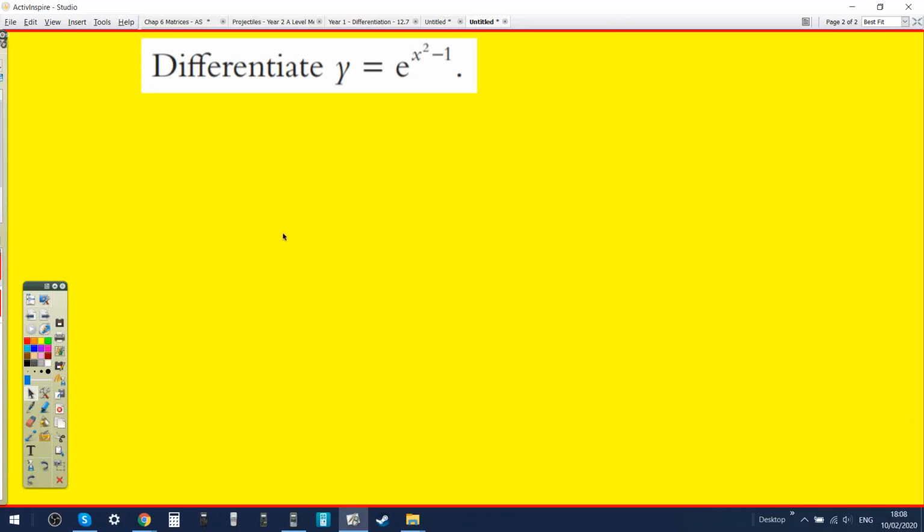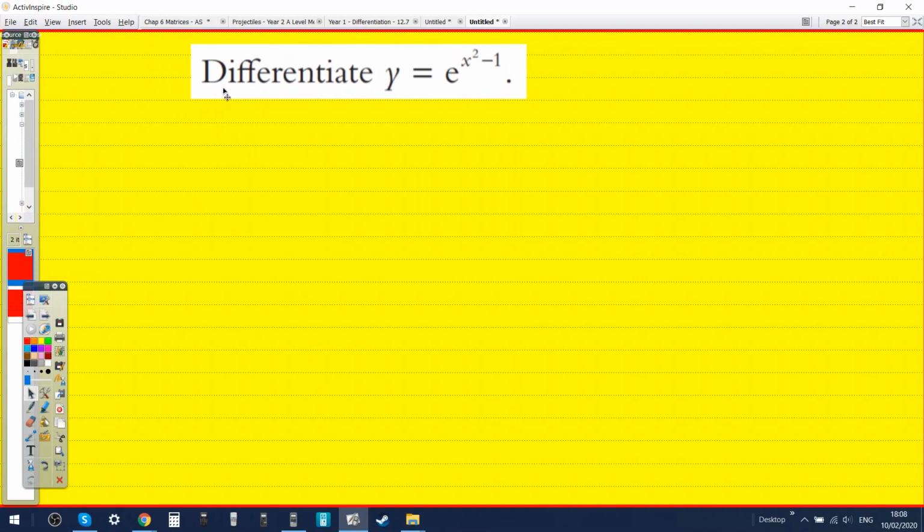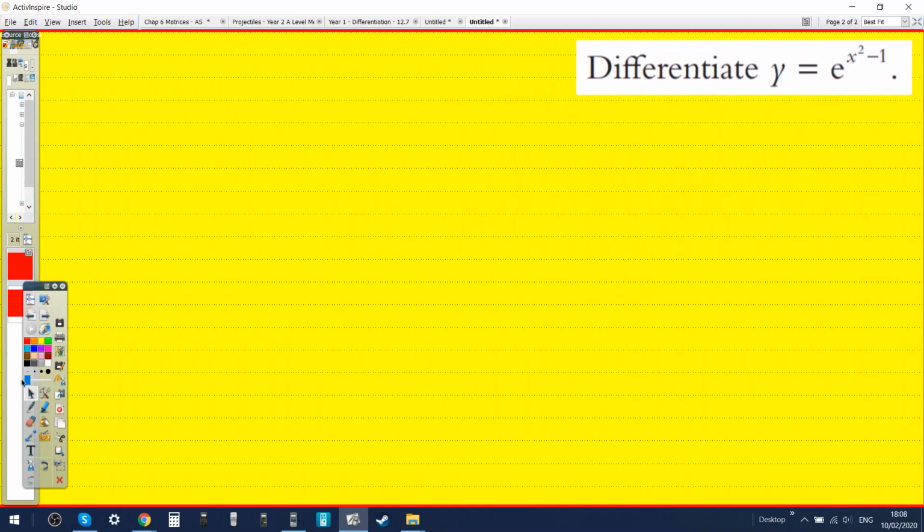Do a chain rule sort of thing? Yeah. Okay. So we could say that u is x squared minus 1, and v is e to the u.